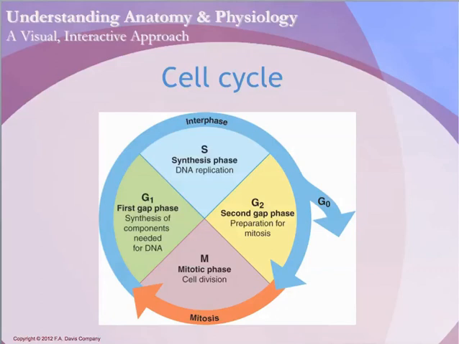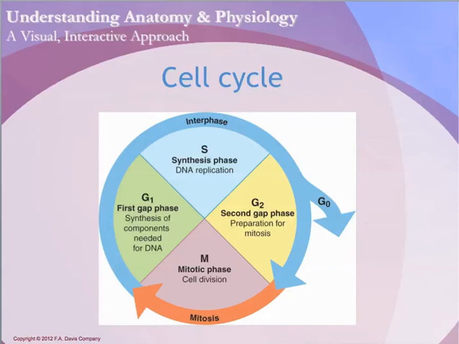The second gap phase: the cell makes some final preparations for cell division, including synthesizing necessary enzymes. So similarly to the first gap phase, it's not really actively dividing, it's just preparing, so it's getting the necessary components. And then the mitotic phase is actually where cell division occurs, which we'll talk about next.